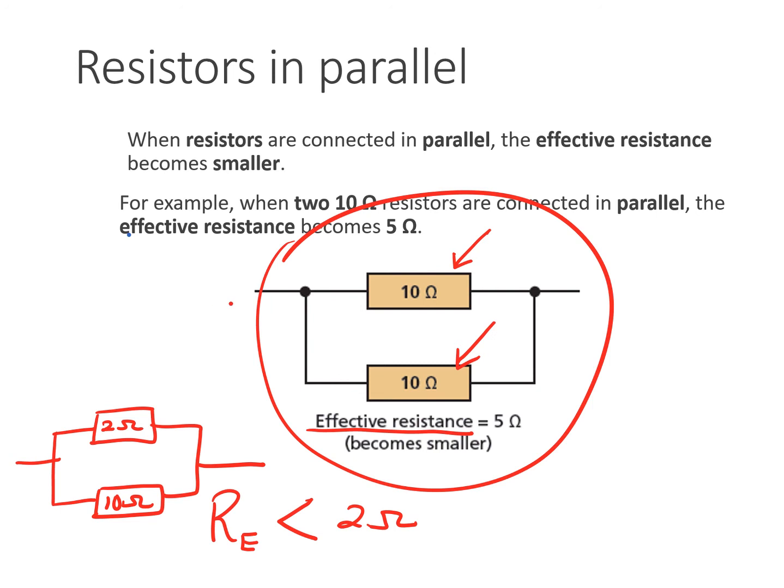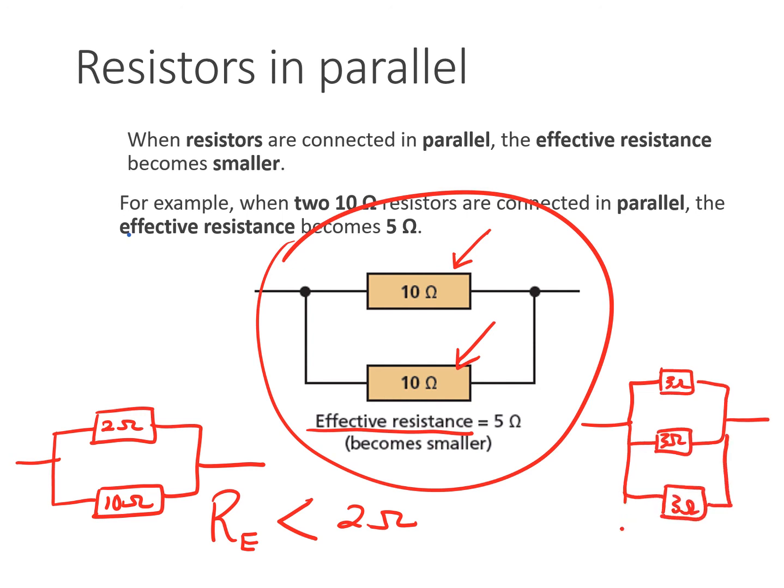So the more I put them in parallel, the smaller the effective resistance will be. If I have two resistors in parallel, let's say this is 3 ohms, 3 ohms, the effective resistance is small. If I were to connect one more, it will be even smaller.